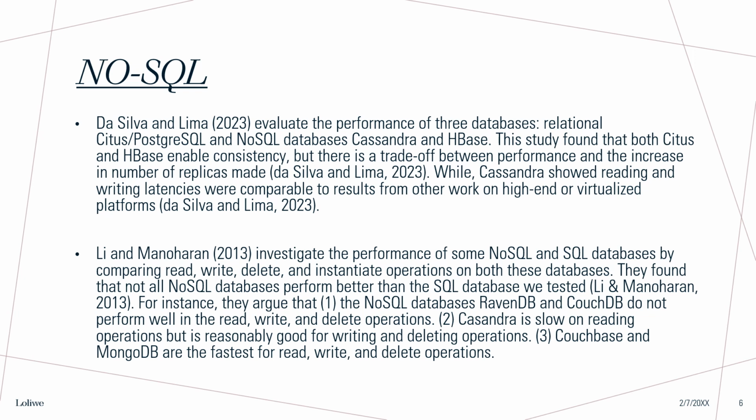They found that both Citus and HBase enable consistency, but there is a trade-off between performance and the increase in the number of replicas that can be made. Cassandra showed reading and writing latencies comparable to the results from other work in a high-end virtualized platform. It means they were suggesting that Cassandra could be a preferred option when comparing non-SQL and SQL databases.